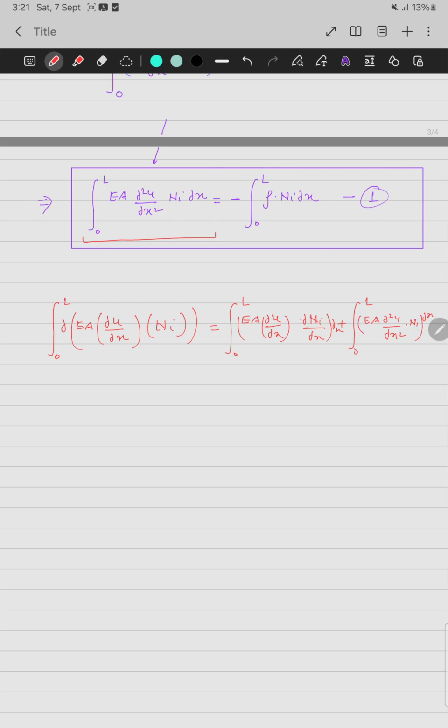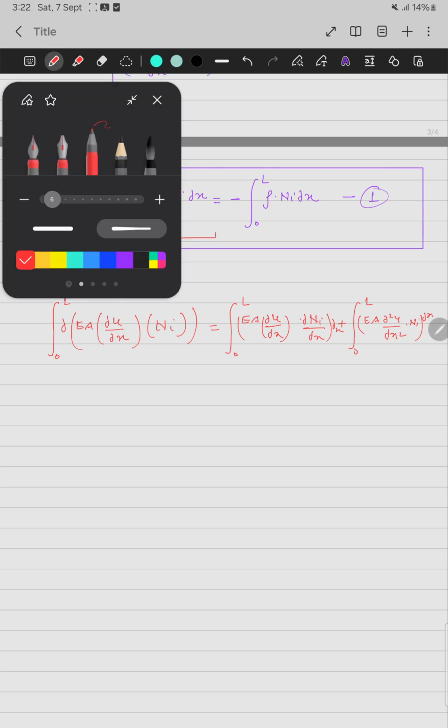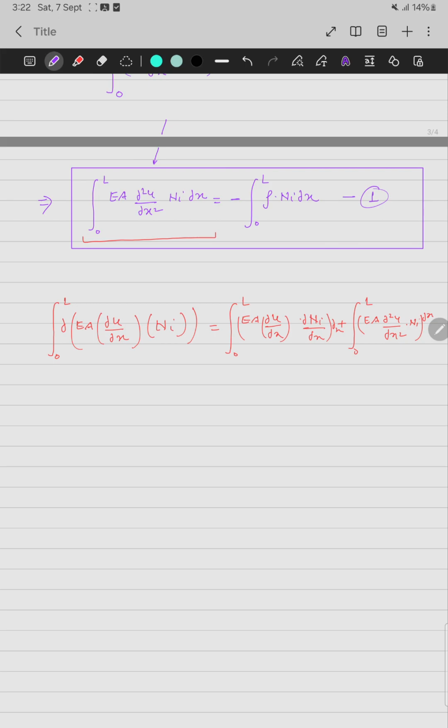Got it? This is nothing but integration by parts. And one thing you can notice is that this section is our right hand section only.